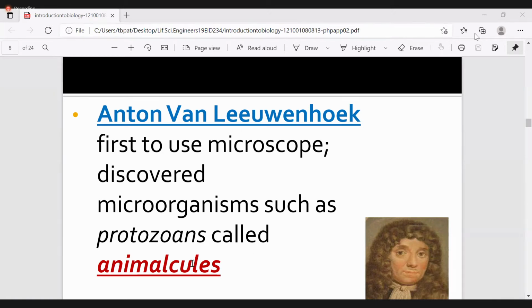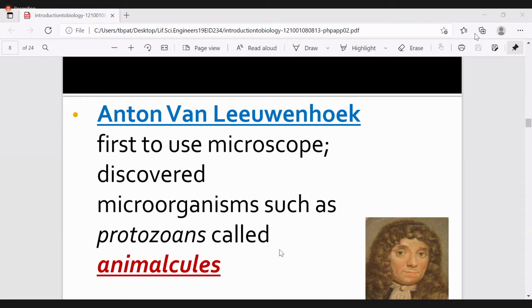They are called animalcules. In your lower classes, I think you studied the slipper animalcule. It's a protozoan, the paramecium.